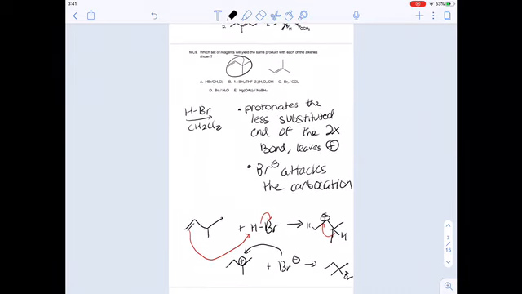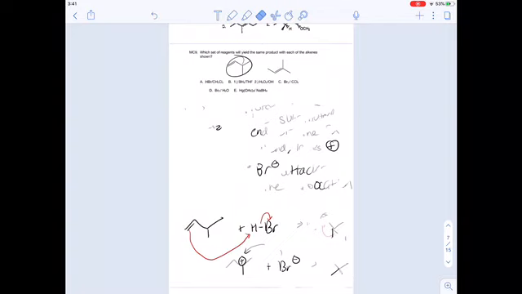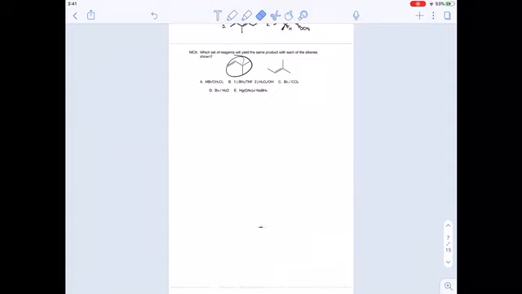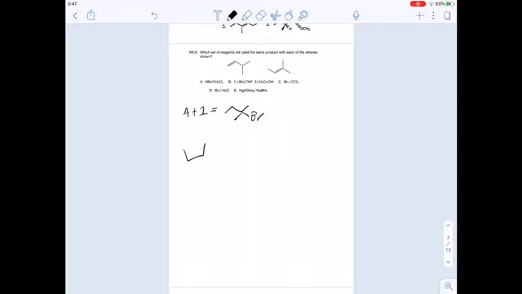So it's important to keep your notes organized with this because it can get very, very messy. So I'm going to erase. So A plus 1 equals this. Now we can move on to A plus the second one.